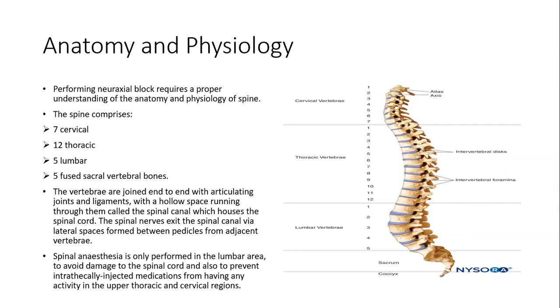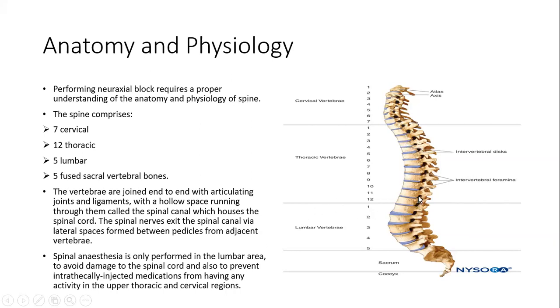The spinal nerves exit the spinal canal via lateral spaces that are formed between the pedicles from adjacent vertebrae. You can see from this, in between the vertebral bodies, this is where the spinal nerves exit from. You can see the arrows on the right side of the slide.